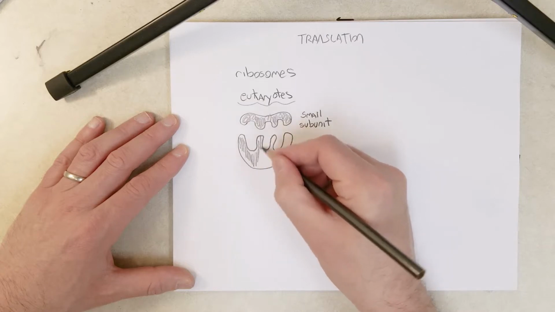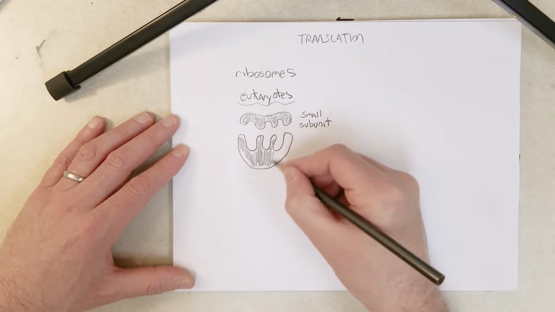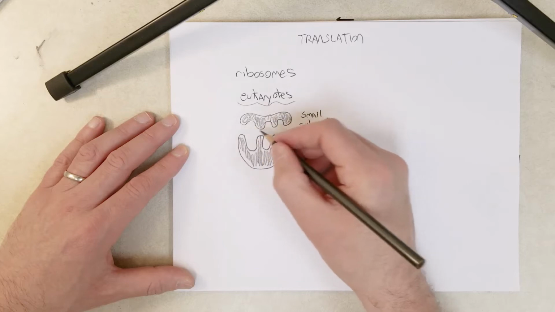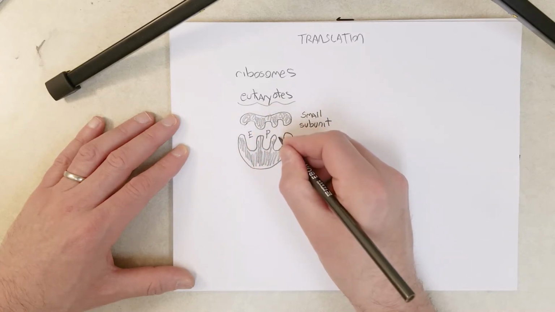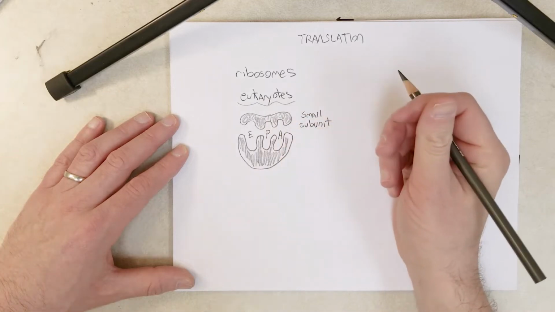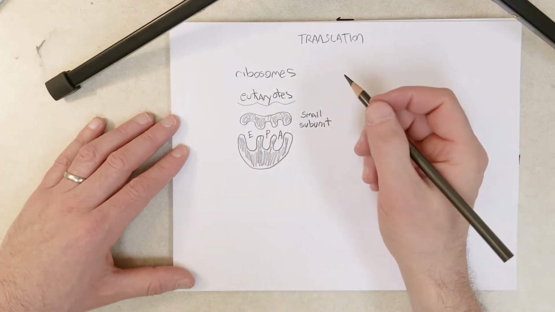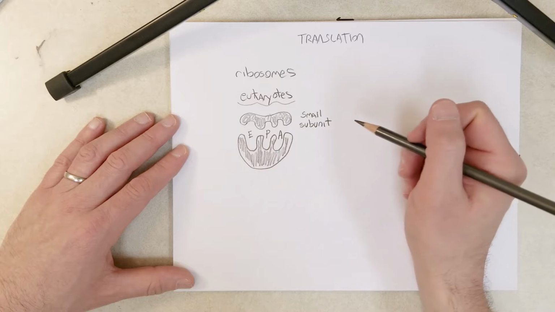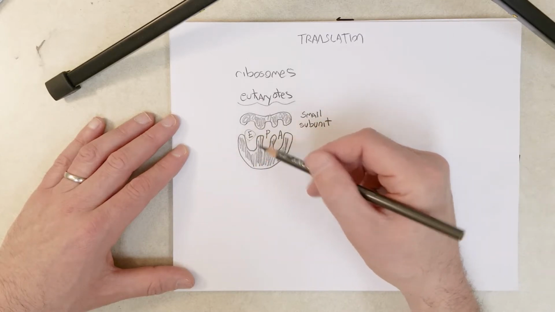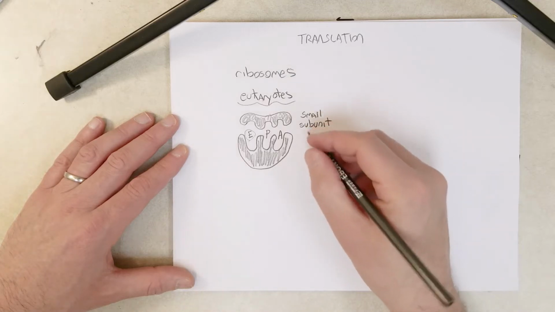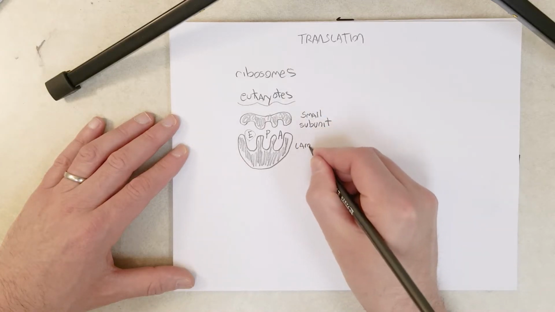If we stick these together, we are going to get an E site, a P site, and an A site. E is going to be the exit site, and we'll see what that means in a moment. So again, this is the large subunit.